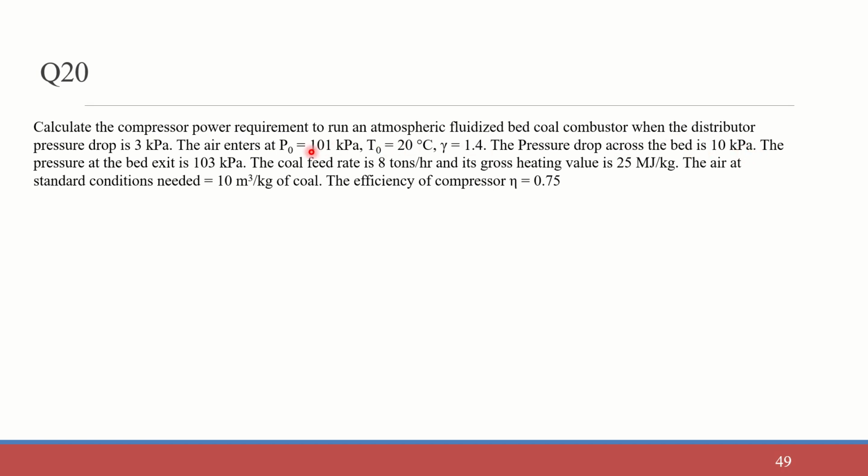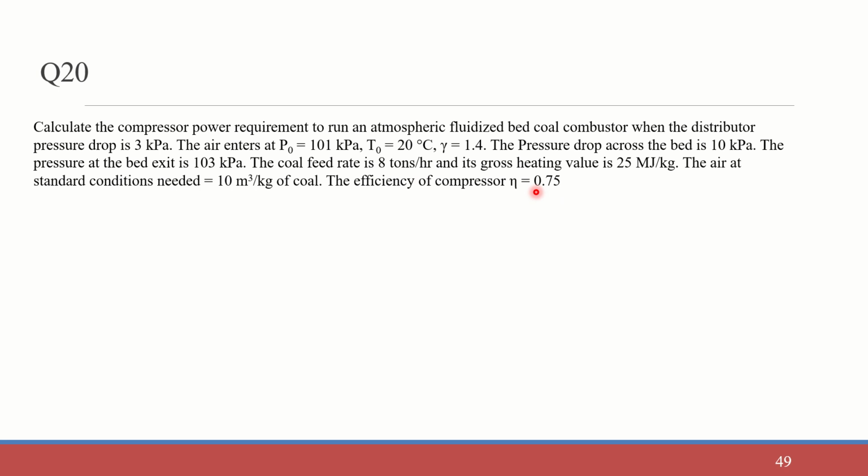Pressure at the bed exit is 103 kilopascal and the coal feed rate is 8 tons per hour, and its gross heating value is 25 megajoules per kg. The air at standard conditions needed is 10 meter cube per kg of coal, and the efficiency of the compressor is 75%, that is 0.75.